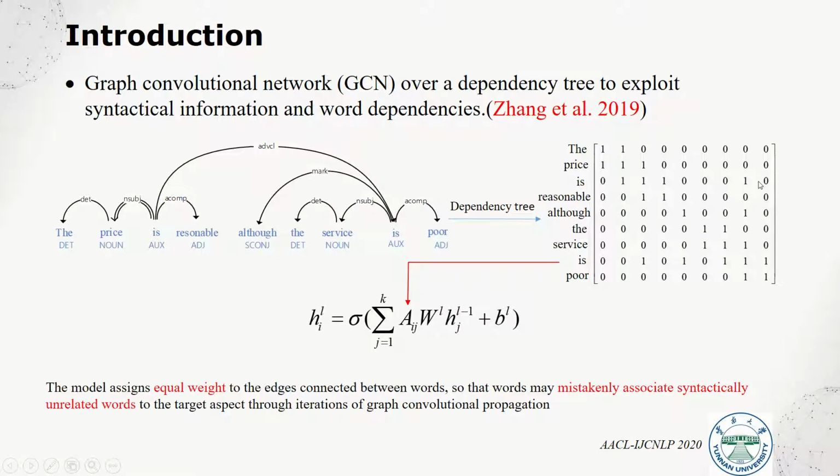This is the adjacency matrix from the dependency tree, but the model assigns equal weights to the edges connecting words, so words may mistakenly associate syntactically unrelated words to the target aspect through the graph convolutional propagation.